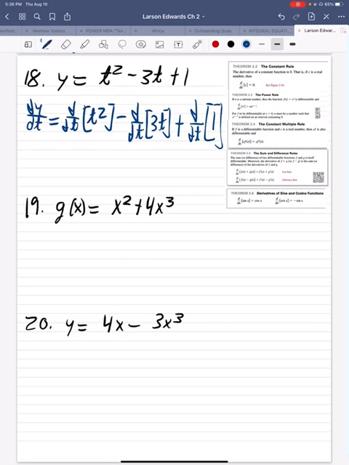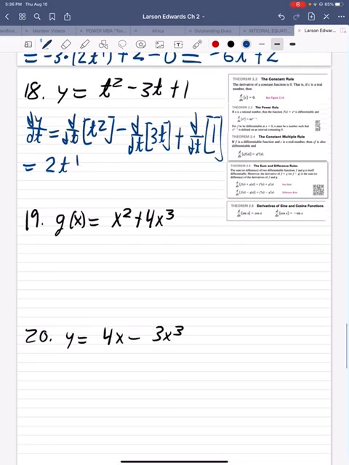So the first term is just a straight up power rule. Take the power in front, 2t to the 2 minus 1, which is 1, minus, this is the constant multiple rule, 3 times d dt of t to the 1, plus the constant rule. d dt of 1 is d dt of a constant, which is 0.